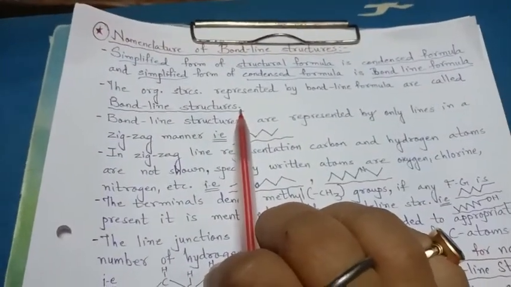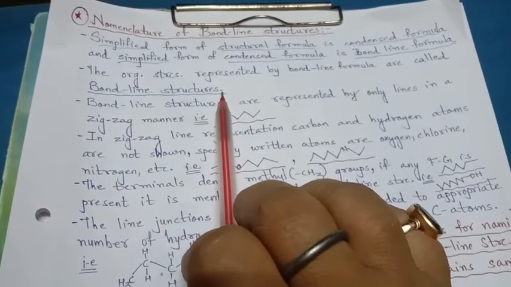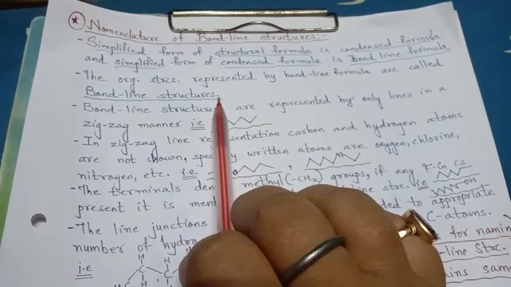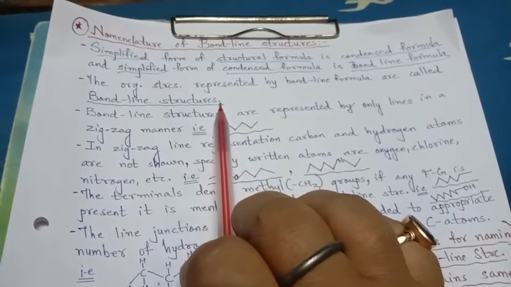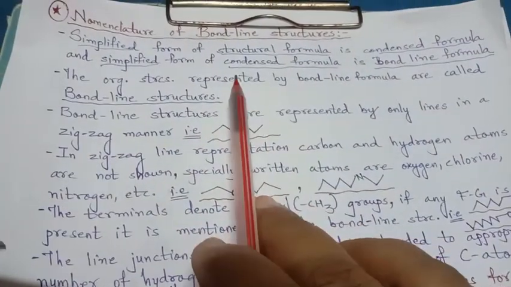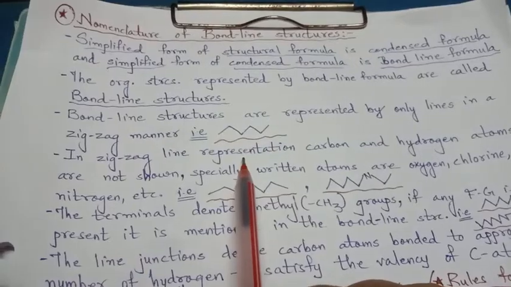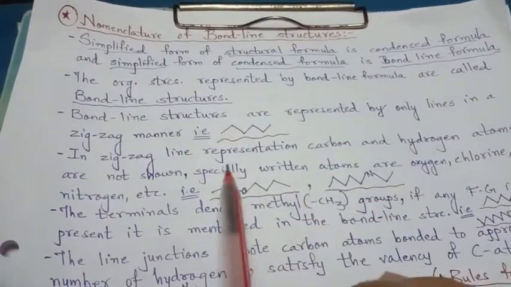As writing the structures in condensed and structural formulas was time consuming, the organic chemists who were studying organic chemistry thought to write a simplified form that would not consume time, and that is why this exists.